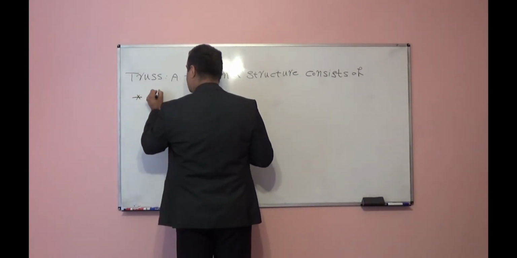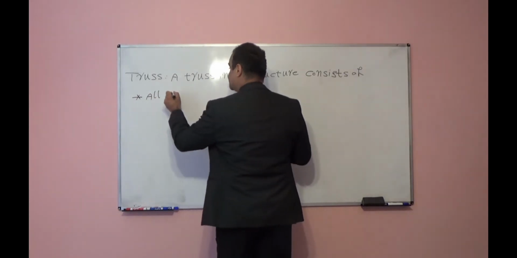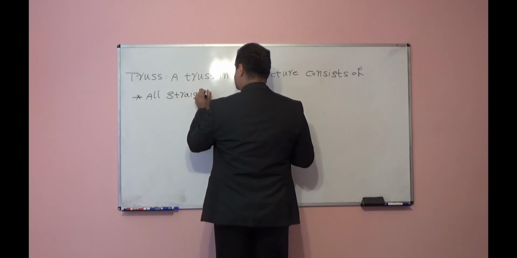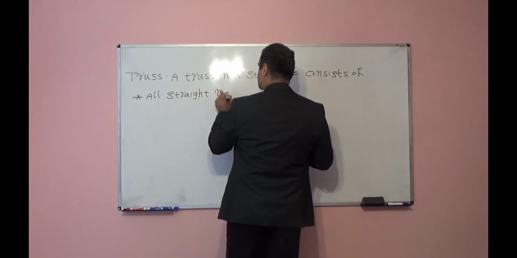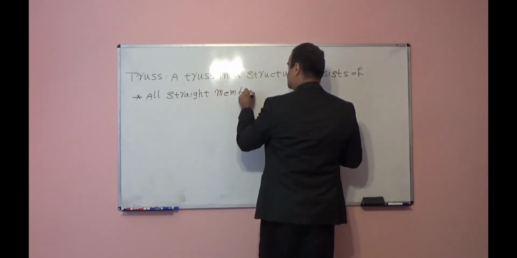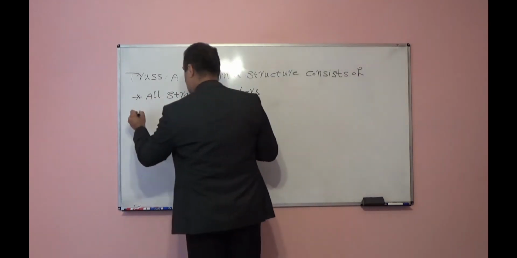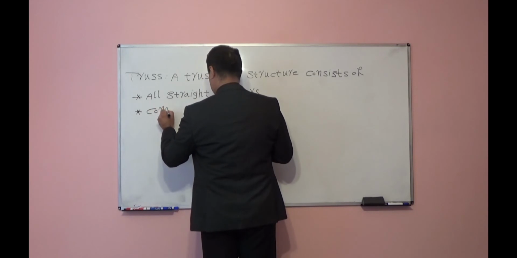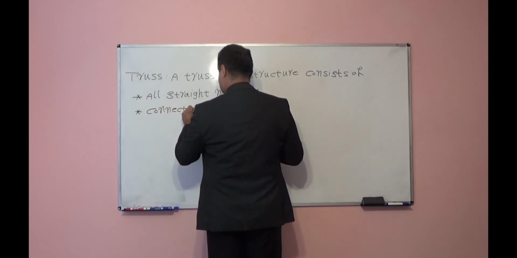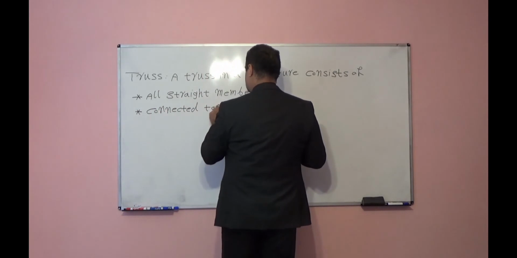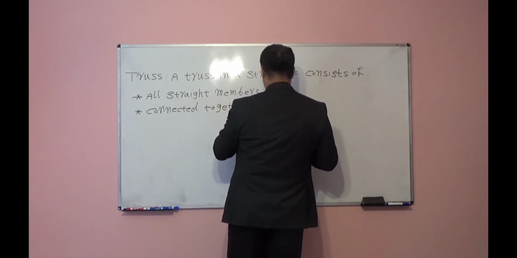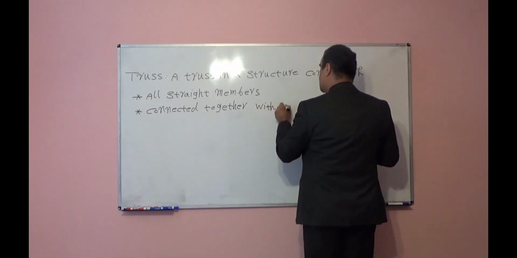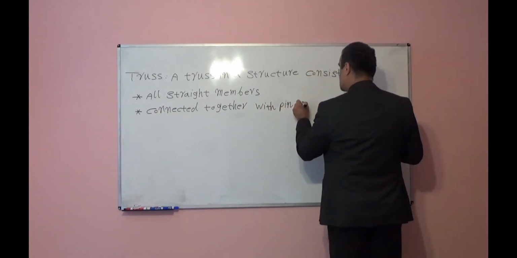So the members of a truss should be straight members, connected together with pin or hinge joints.